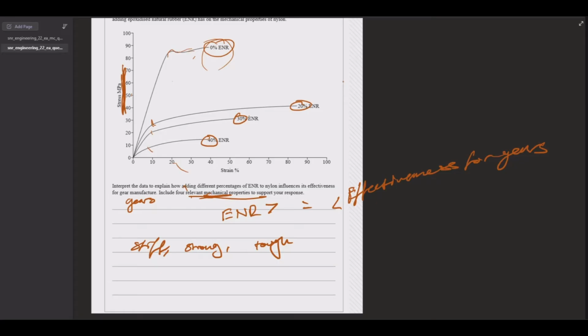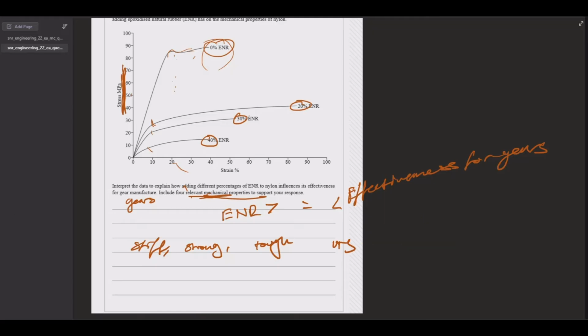And we've also said that it reduces the yield stress, and ultimate tensile strength are going to reduce. And the toughness overall decreases. So there we go, we've got 4 properties there.